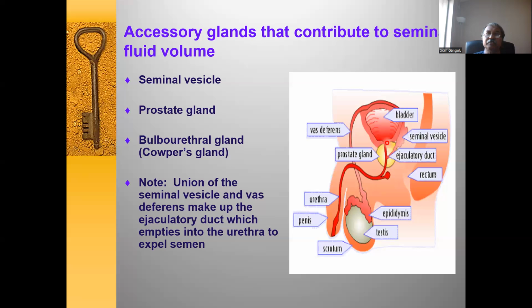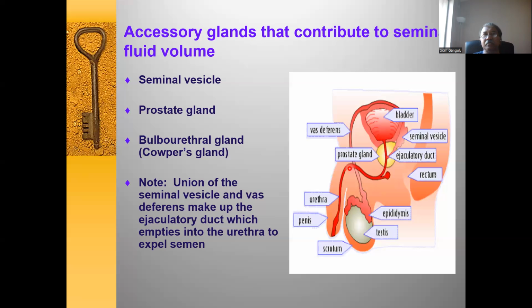Now, you're hearing this term prostatic urethra multiple times. Urethra, when it comes out from the bladder and it courses through the prostate gland, that section is called prostatic urethra.